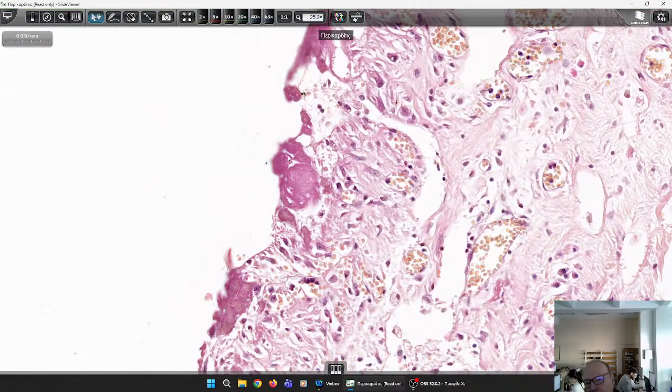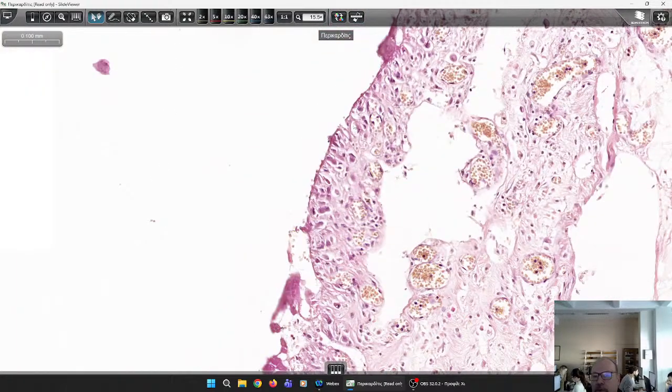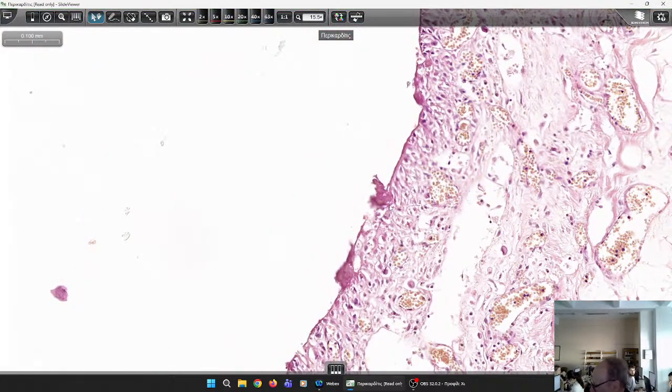We can see this sort of exudate here on this surface, this is fibrin, an acellular constituent of the exudate, which when inflammation persists, these fibrin parts become organized and form strictures. And so we have constrictive pericarditis.